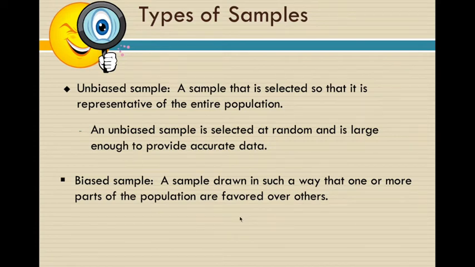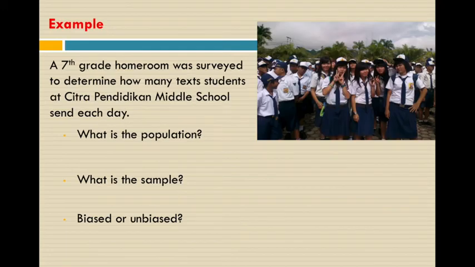Right. Let's do another example with sample. Right. Here, a 7th grade homeroom was surveyed to determine how many texts students at this particular school, Citra Pendidikan Middle School, send each day. So what is the population?